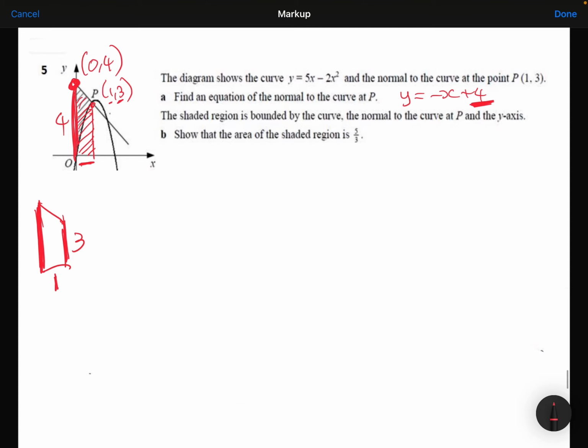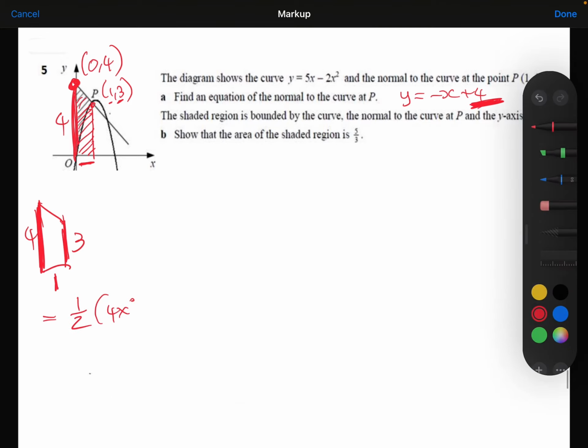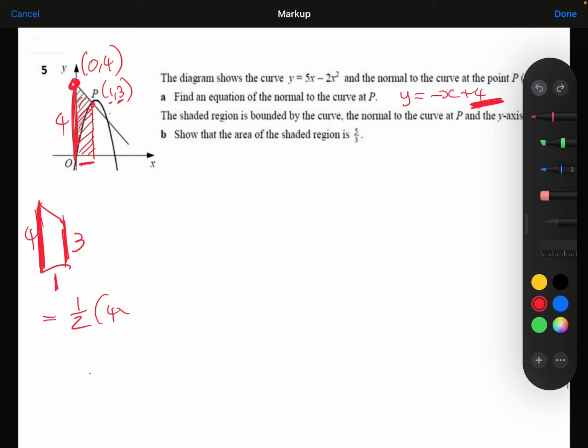My normal meets the y-axis at 4. So I can work out the area of this trapezium. A half, 4 plus 3, times 1. So that's 7 over 2, or 3.5. So that's the area of that trapezium.